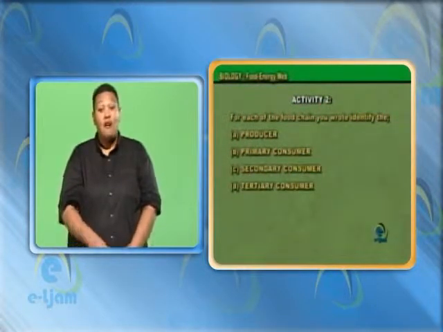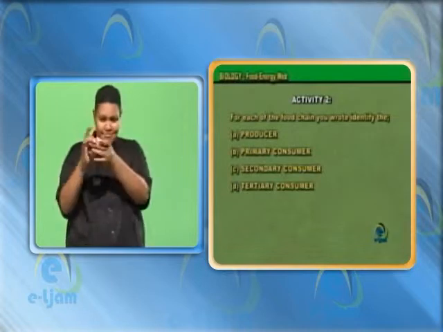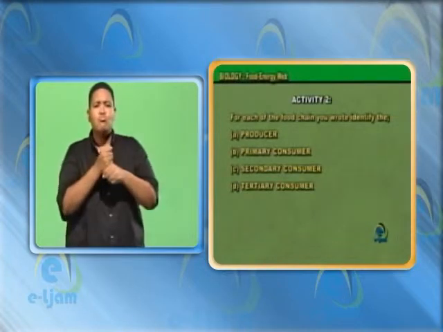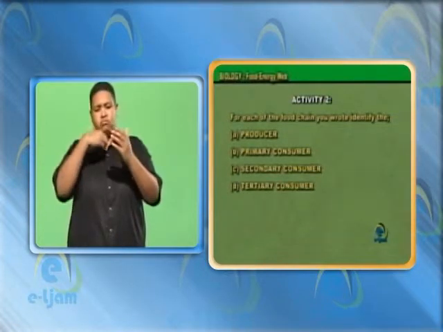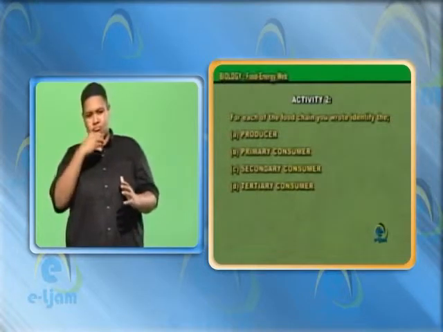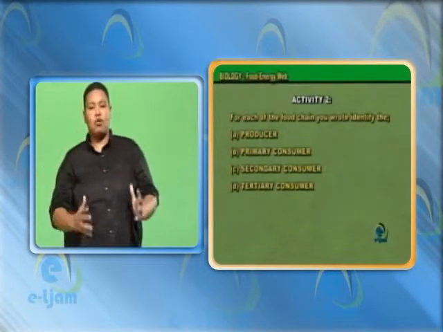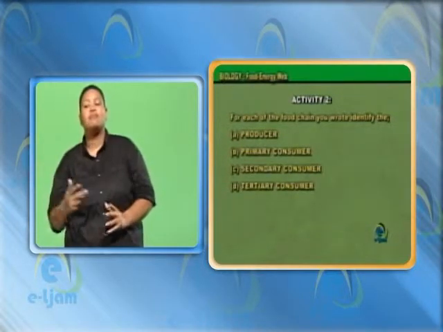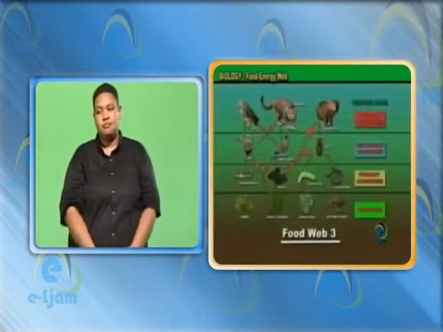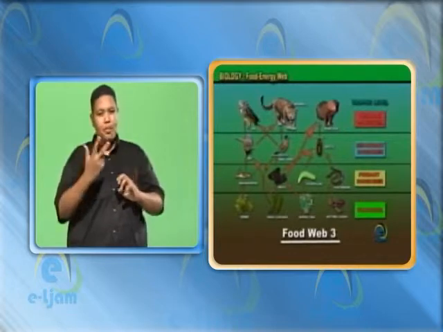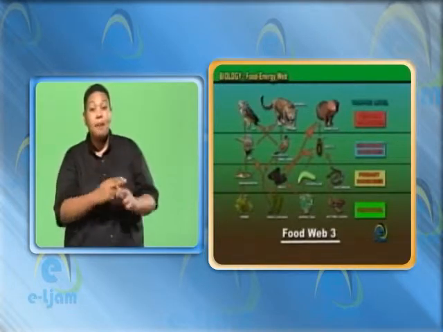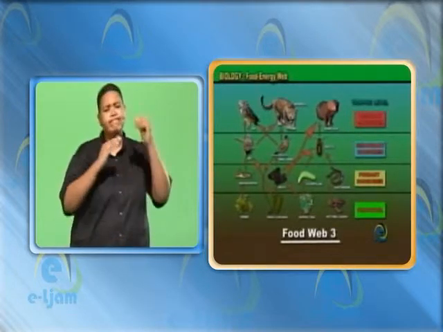For each of the food chains that you wrote, identify the producer, primary consumer, secondary consumer, and tertiary consumer. Analyze food energy web number 3 and name the organism that is both primary consumer and secondary consumer.